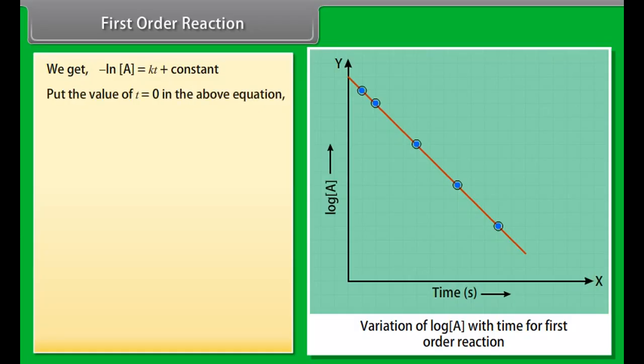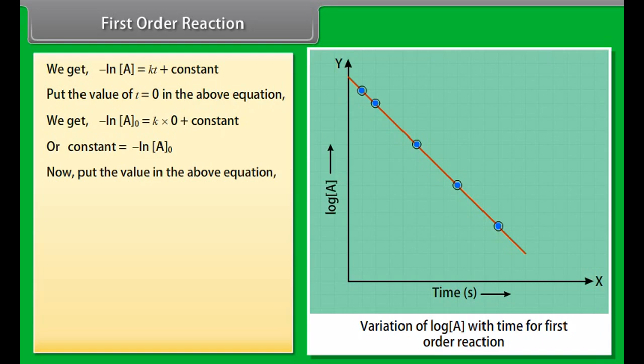Put the value of t equal to 0 in the above equation, and we get constant is equal to minus natural log of A naught. Now put the value in the above equation and we get minus natural log of A is equal to Kt minus natural log of A naught.